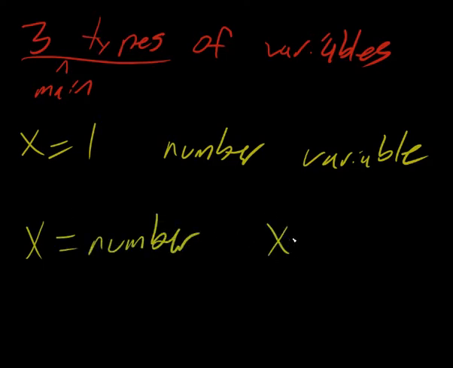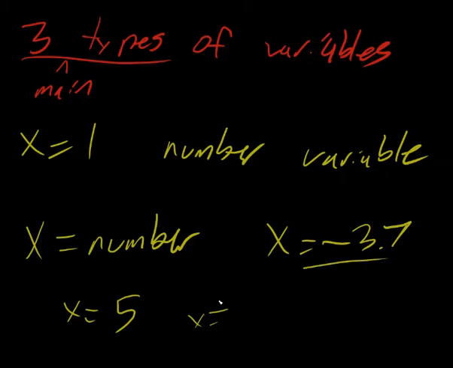So x can be equal to negative 3.7. X can be equal to just plain number, and x can be equal to a decimal like this. So let's just say 2.1, and then x can just be equal to just a plain negative number. So x could be equal to, let's say, 6.